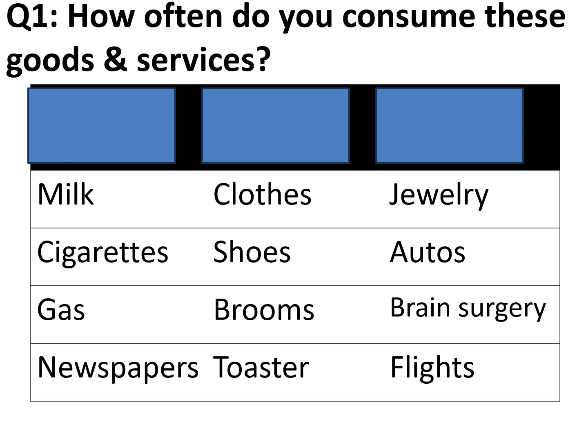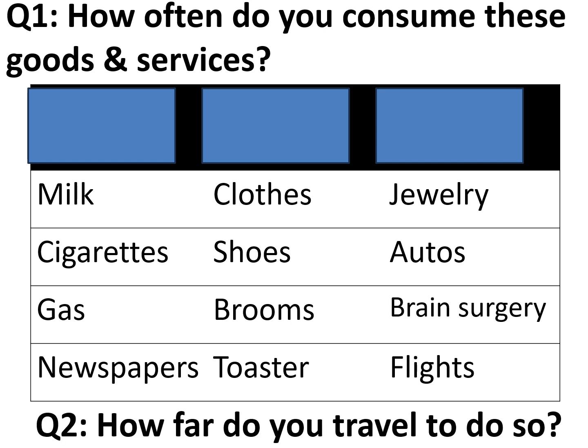So the number of flights that you take in the course of a year might actually be more than the number of toasters that you buy in a year. So this is actually a bit of a bad example here, but bear with me. So we've got 12 different goods and services that you can purchase. Flight and brain surgery are both services. Everything else is some kind of a good.